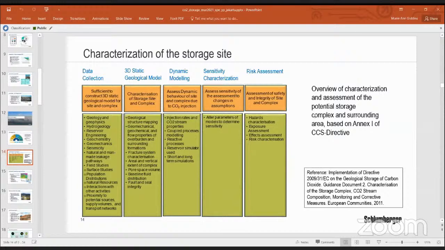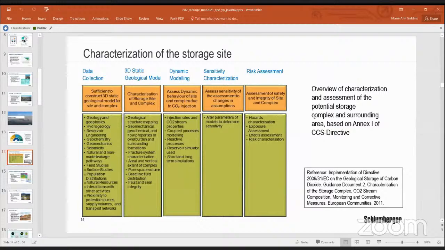So I'm not going to read all the words in this table. It's taken from an EU directive from 2009, which is called the guidance document on characterisation of the storage complex, CO2 stream composition, monitoring and corrective measures.